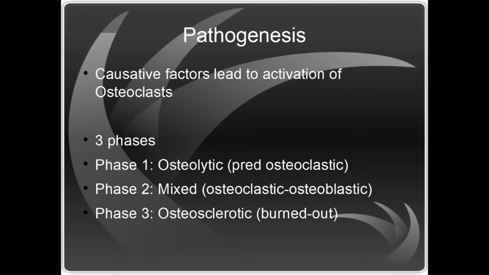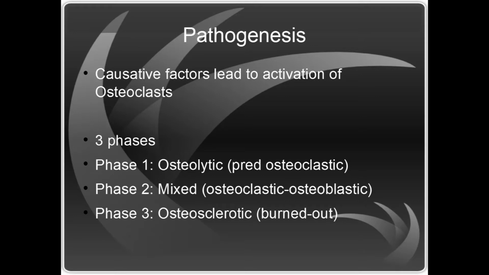There are three phases for this Paget's disease. The first phase is called the osteolytic phase. In this phase, the osteoclast cells are very active. The second phase is called the mixed phase. Here, although osteoclastic cells are there, osteoblast cells will compensate by trying to lay more bone.